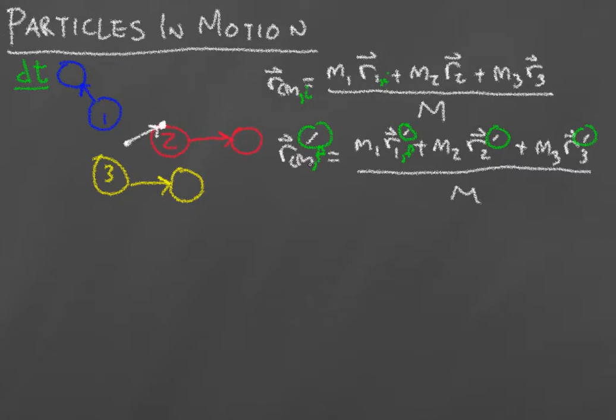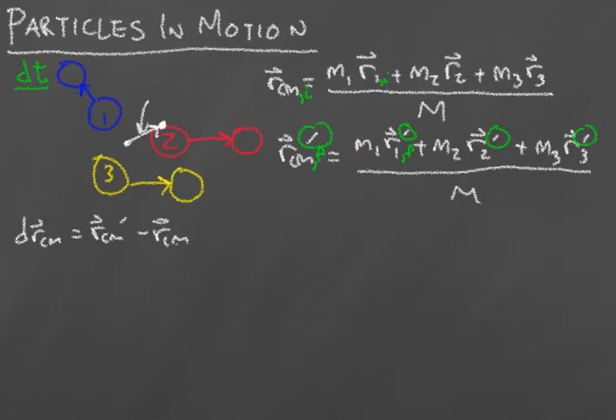But let's say now we want to find out what's the distance the center of mass has traveled in this small amount of time dt. We'll call that distance dr center of mass, and that's going to be equal to r center of mass, the new center of mass, minus the old one. We talked about this when we were talking about adding and subtracting vectors.